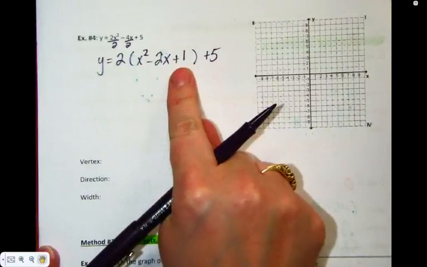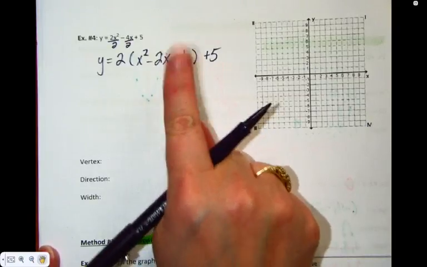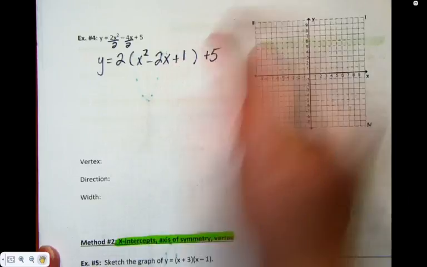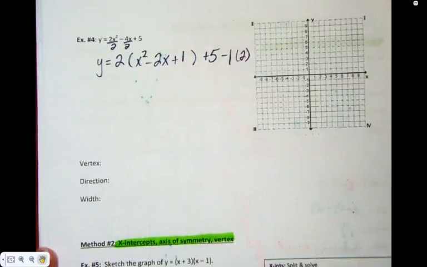Where did +1 come from? How do I balance my +1? Except I got to multiply by that 2 on the outside.